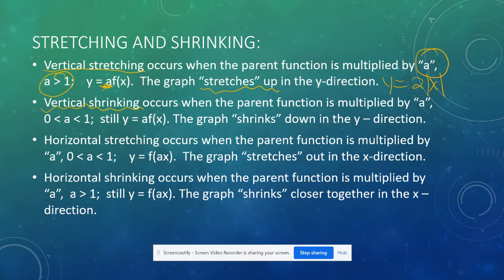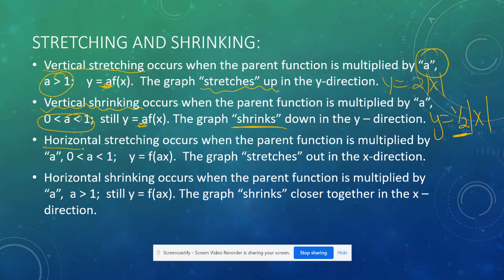A vertical shrink happens when we multiply by a, and a is a fraction between 0 and 1. That would be y equals 1/2 times the absolute value of x that we looked at. Notice that the a is still out in front, just like in here, right after the equal sign. And the graph shrinks down in the y direction or gets pushed towards x.